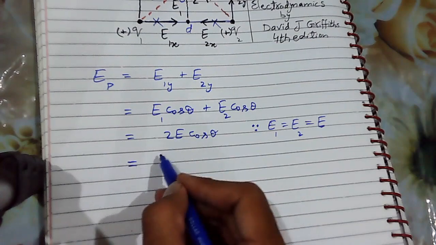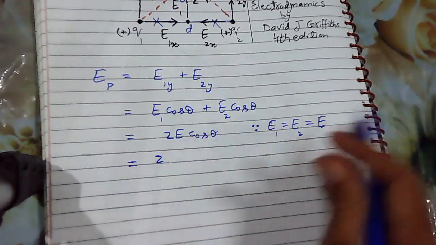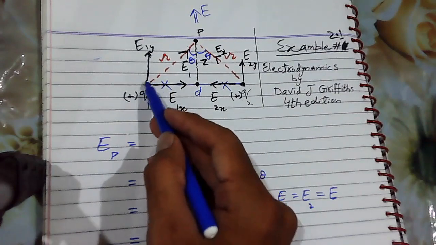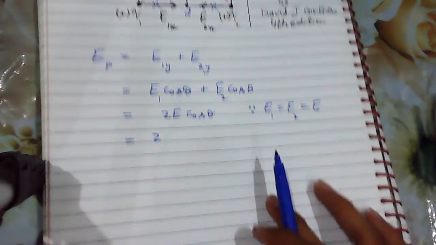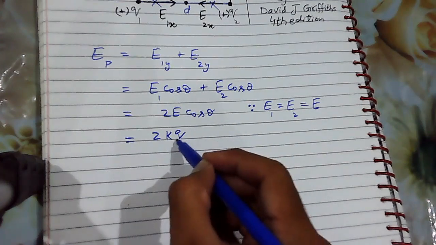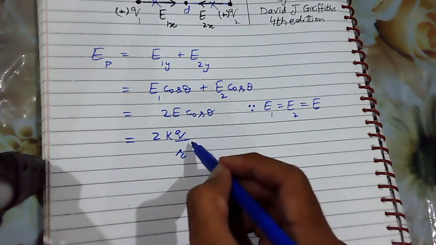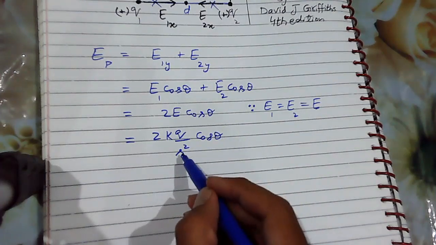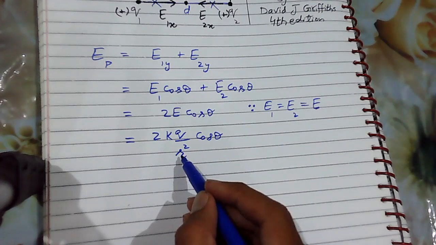Now E, what is E? Here E is the electric field produced due to a point charge. That's why we can use the formula of the point charge, that is kq by r square. And what is r in this formula? We are aware that r is the distance of our required point from our charge.